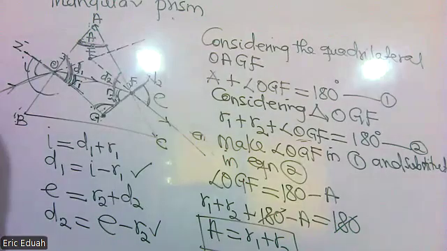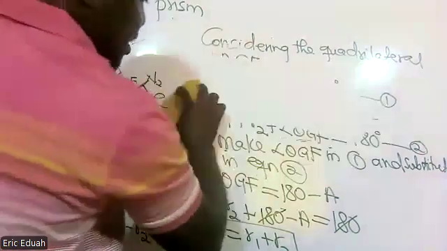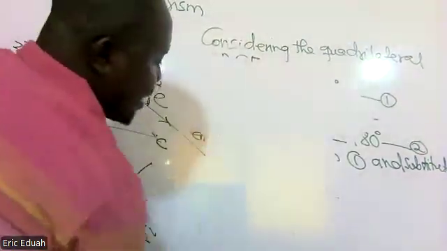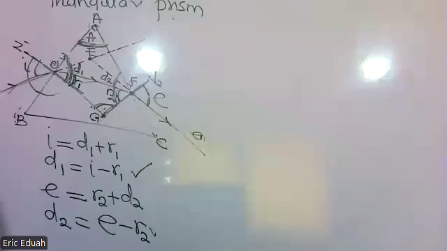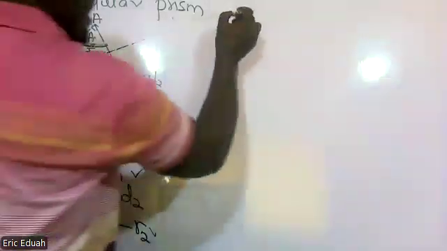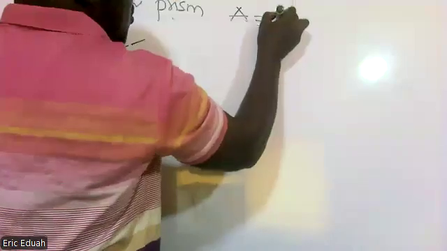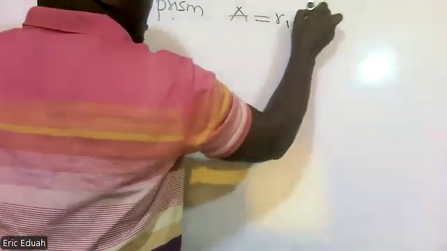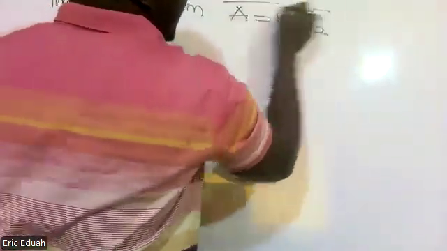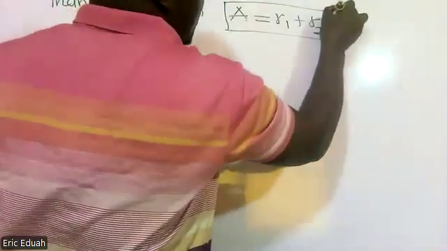Now, we are going to consider another triangle. Let me write the first equation we derived somewhere. So we have established that the angle of the prism A is equal to R1 plus R2. So we are writing this in our concept book.